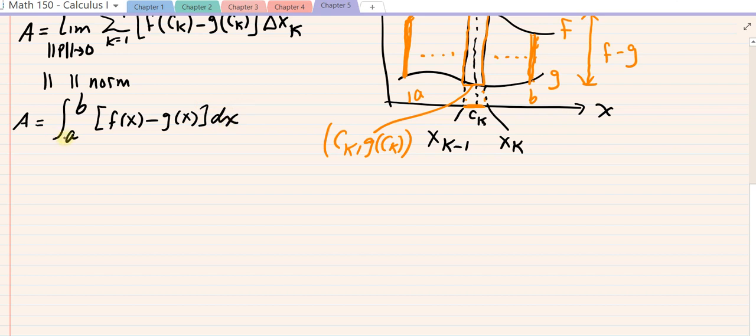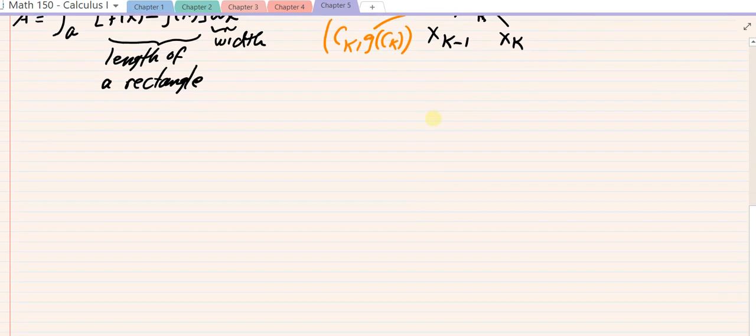Remember, the limit of sums goes from A to B, and this piece gives you the length of a rectangle, and dx would be the width of that rectangle. So you're looking at length times width, and the integral means you do this over the entire interval from A to B.